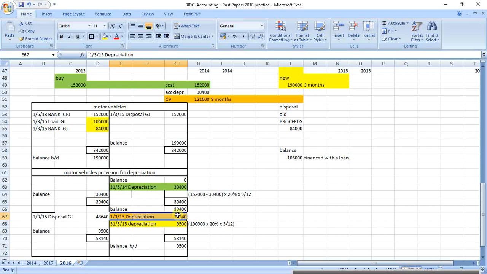Let's just double check with the textbook. Okay, depreciation of non-current assets. How do they want you to record? Okay, they do want you to do it that way. They want you to write an income statement, so that's fine.